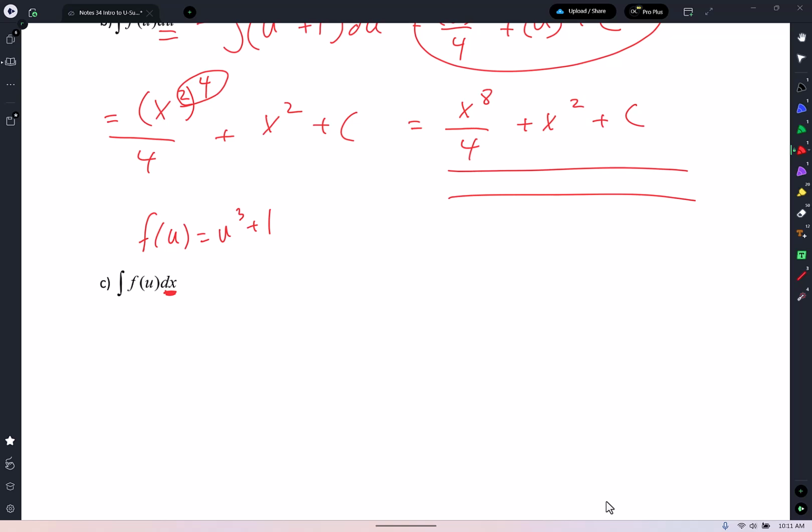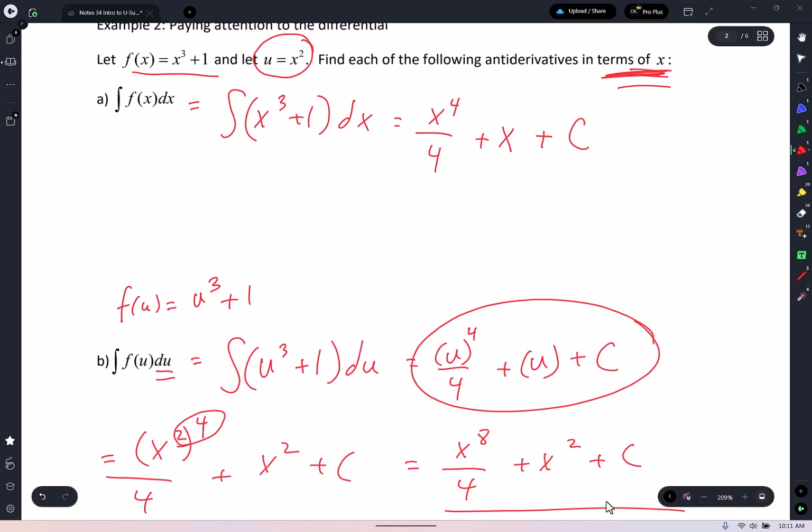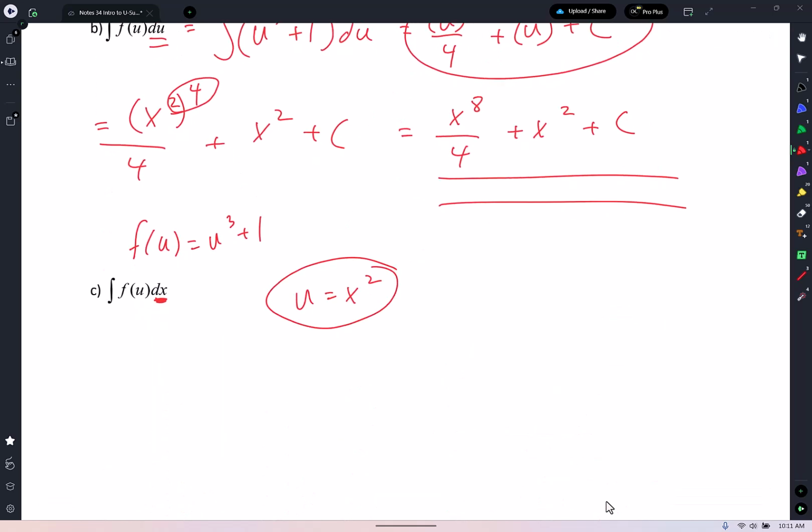I'm going to write right here, u equals x squared. That's what u is. It's right here up at the top. So I'm just going to plug it in. So the u cubed plus 1 is going to look like this. Put parentheses to help you out there. x squared to the power 3, plus 1.